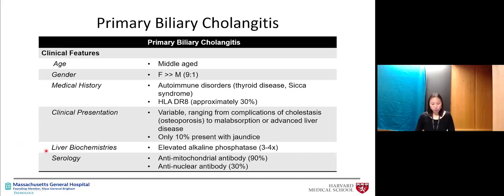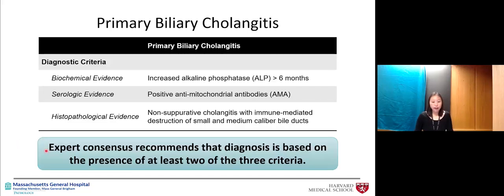But one thing that I do want to mention, and I think this is something that Dr. Pratt mentioned this morning, is that the diagnostic criteria for PBC depends on 3 different categories: biochemical evidence of the alkaline phosphatase being increased over 6 months, serologic evidence of a positive AMA, and histologic evidence of an immune-mediated destruction of bile ducts, most commonly with florid duct lesions. Now, as Dr. Pratt mentioned this morning, the expert consensus has really suggested that this diagnosis can be made on the presence of only 2 of these 3 criteria.